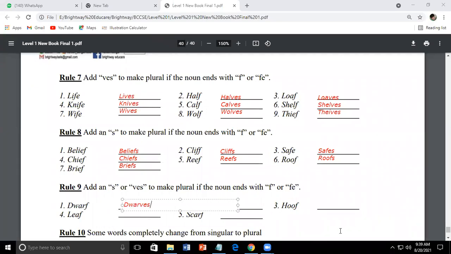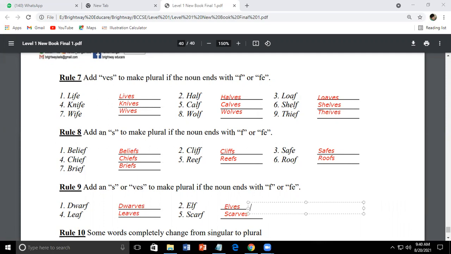Dwarfs, dwarves, leaf, leaves. Next, elf, elves, scarf, scarves, hoof, hooves. It's your choice. You want to use S or VES. Both are correct.